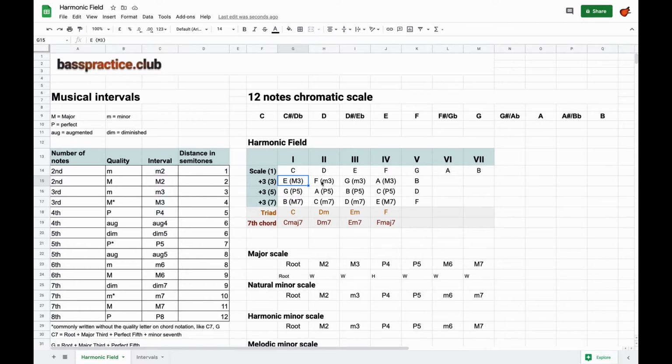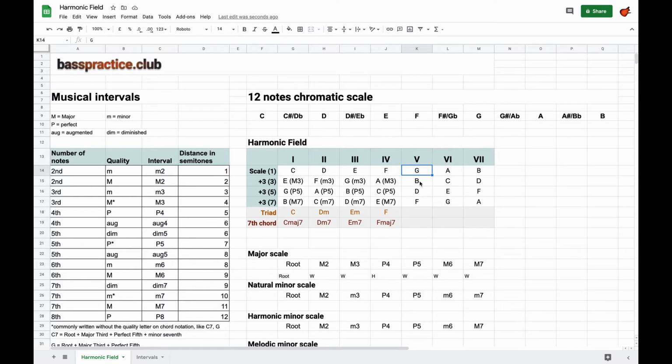For example, E, F, G, A, B, C, D. Here the same thing: G, A, B, C, D, E, F. And here the same thing: B, C, D, E, F, G, A. So now we have the whole table. We just need to find these 3 chords, and then we have the whole harmonic field of the C major scale.